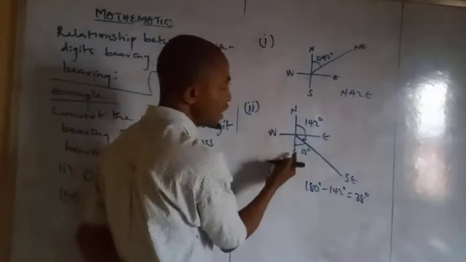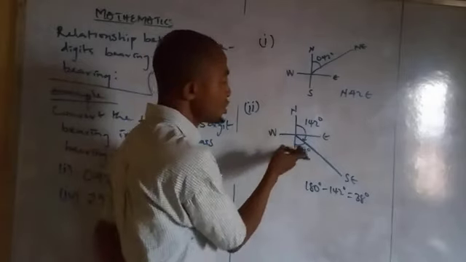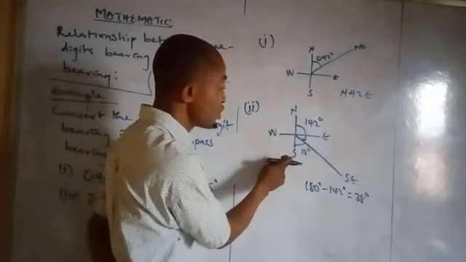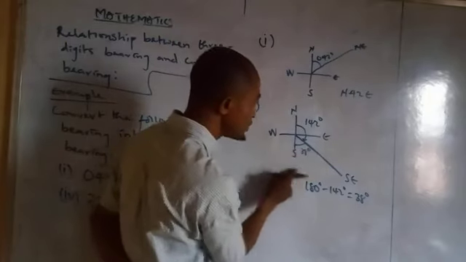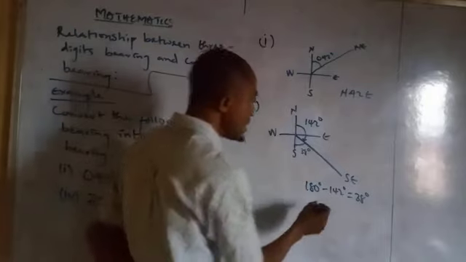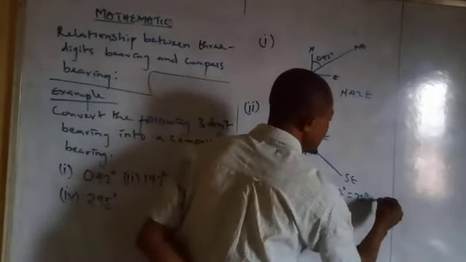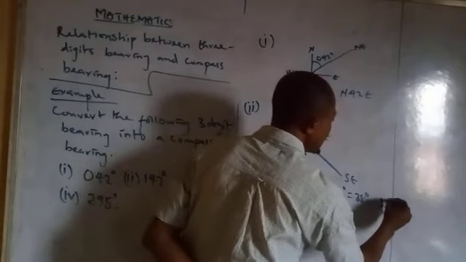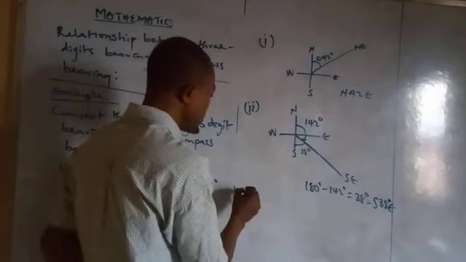When we are converting this 142 degrees to a compass bearing, we are going to have 38 degrees southeast, from the south to the east. So our answer here is 38 degrees south, east.